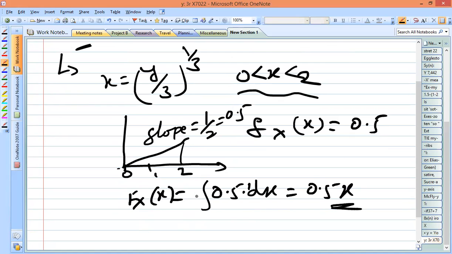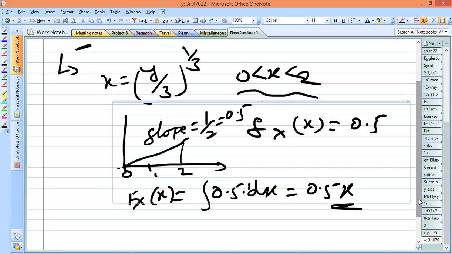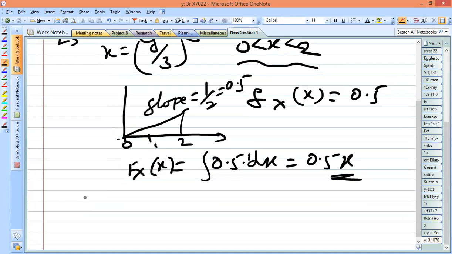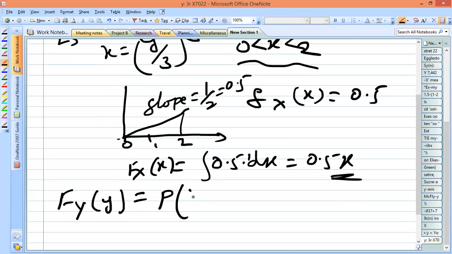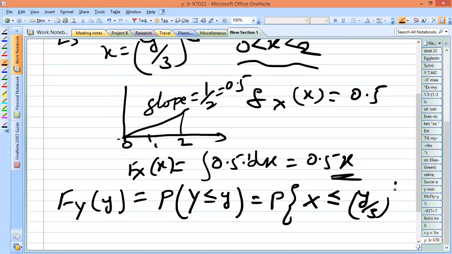Now after getting the PDF and CDF for the random variable x, you can first calculate the CDF for the random variable y. So FY of y is obtained by the equation probability of Y less than or equal to y, which can be further written as probability of X less than or equal to y by 3 to the power 1 by 3.